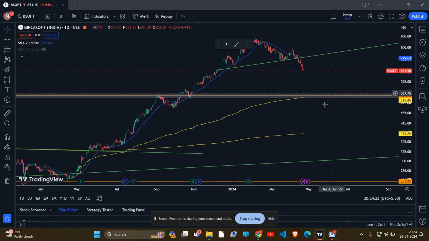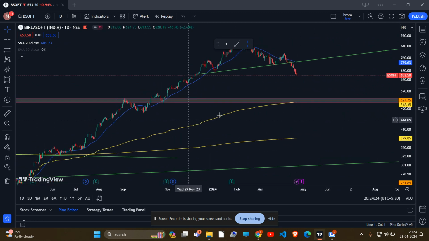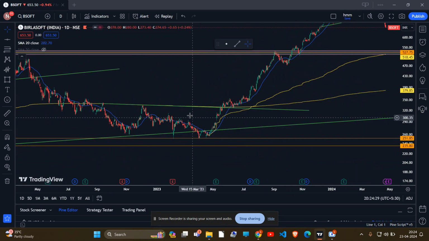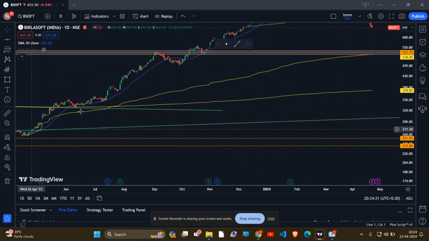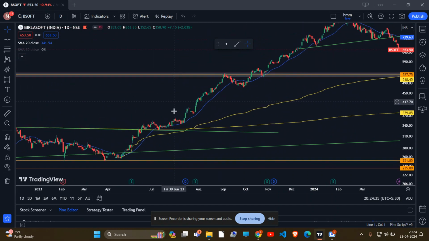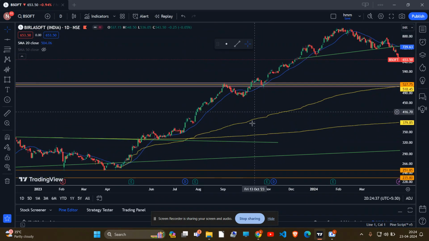The stock has always been taking support near the 20-day simple moving average previously. When it broke out from this double bottom over here, the stock consolidated in this 20-day simple moving average region, and then it kept on moving up from there.